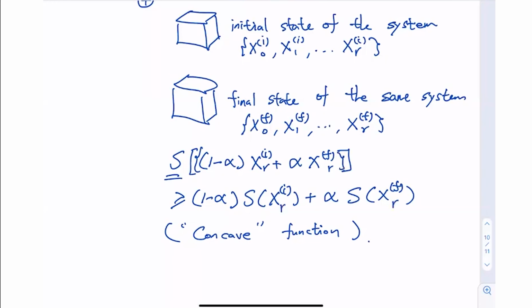Now we have several different kinds of extensive variables. It can be the particle number, the energy, or the volume of our system. So let's just pick one of the components. For example, you can think of it as the energy of your system.